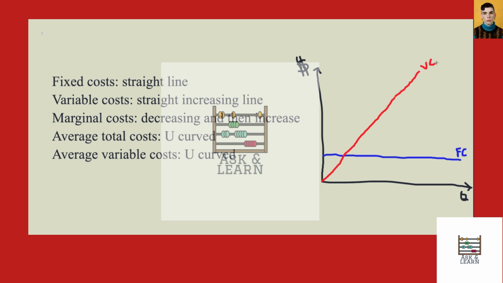Because the total variable cost is going to change with the amount of quantity, but the variable cost per unit itself is not. However, what we pay for 1 unit, if we increase, is going to be a multiplication of that. So this is just going to be a straight line.